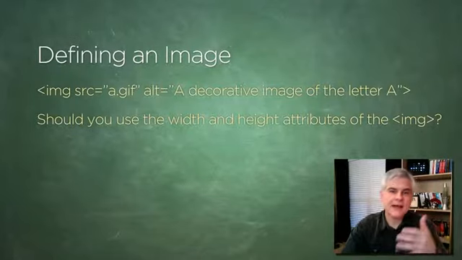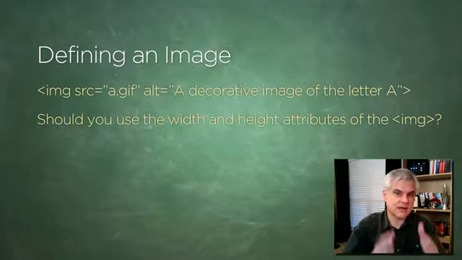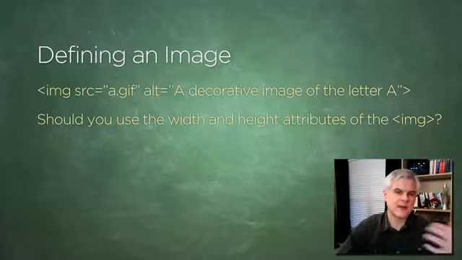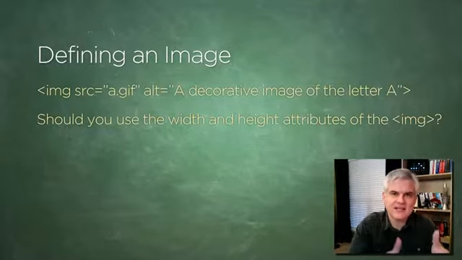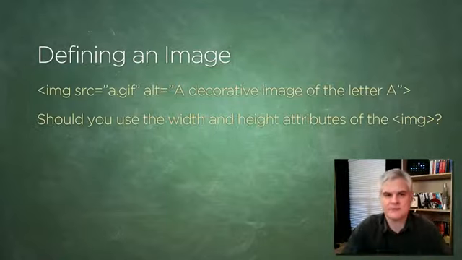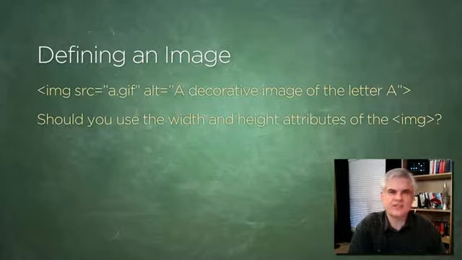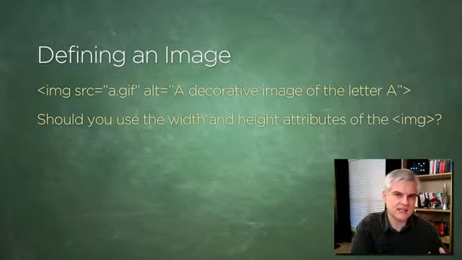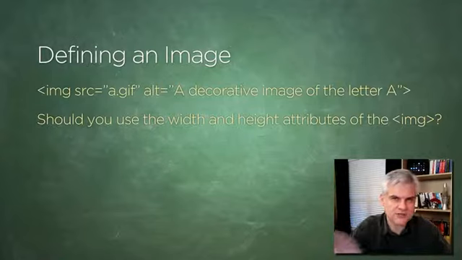So there is a pragmatic rationale to their existence, because it might help with the formatting of the rest of the page if you're relying on the size of that image to help format the rest of the page relative to that image. But I still think, despite that advantage, you should opt to keep things semantically clean and keep all your presentation information, including the size of the images, in your cascading style sheets, okay? And we'll show how to do that much later.